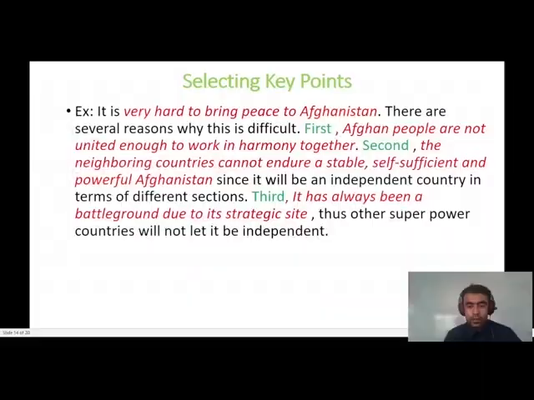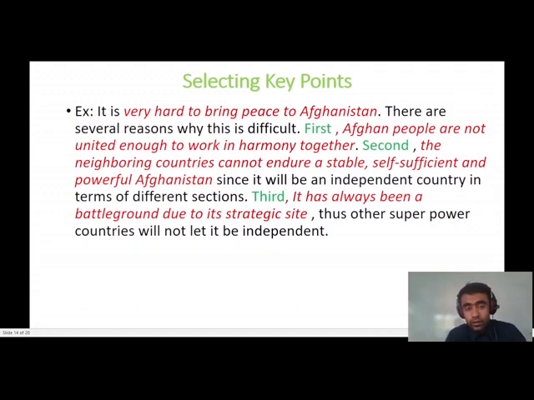Next is selecting the key points in a piece of writing. Every piece of writing has its own key points. So in reading any text, you need to be careful in choosing the specific key points which you need for your writing. For example, it's very hard to bring peace to Afghanistan.